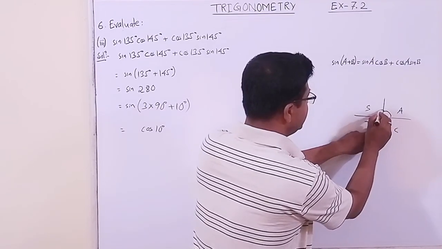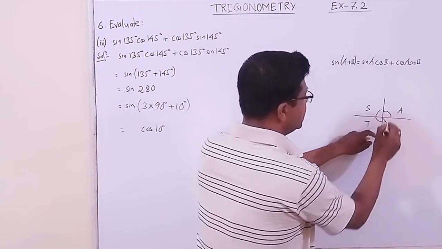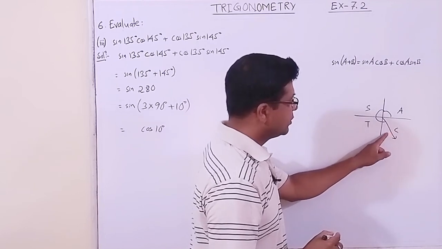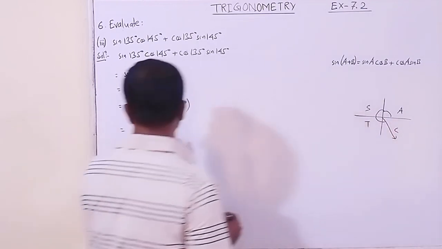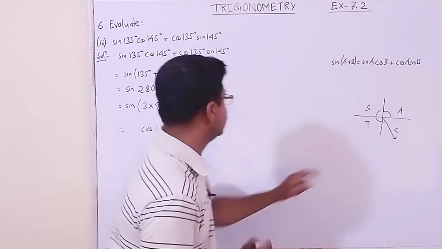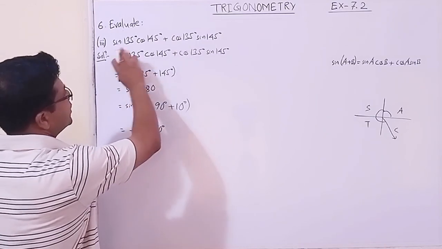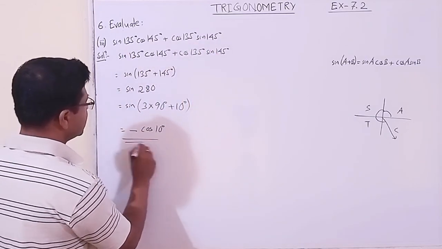So this angle lies in which quadrant? In the fourth quadrant. In the fourth quadrant, is this sign positive or negative? You see, in the fourth quadrant, cos is positive. So if we have simplified, this is the answer of it.